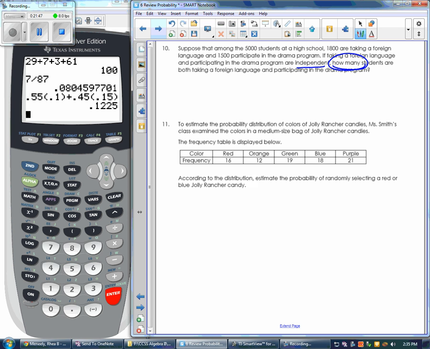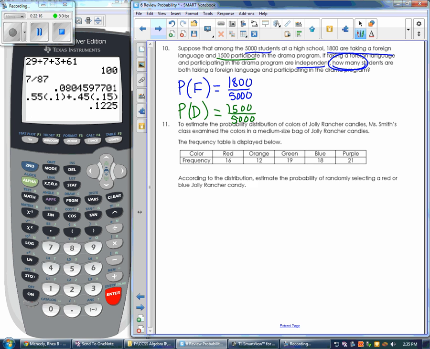So let's write down what we know. We know there are 5,000 students total, and I know that 1,800 are taking a foreign language. So the probability of taking a foreign language, I'm just going to call that F, is going to be 1,800 out of 5,000. And the probability of participating in the drama club would be 1,500 out of 5,000.